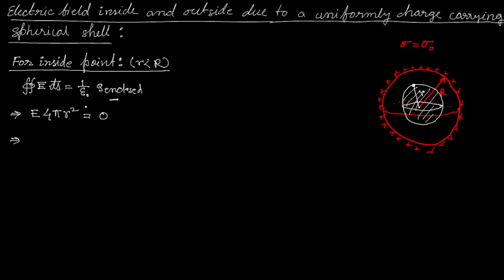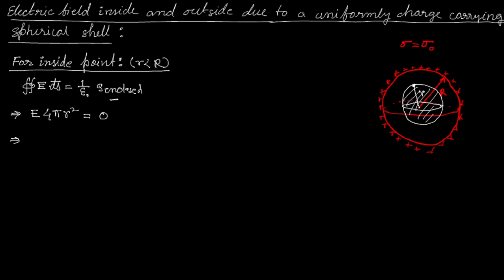Now the surface integral can be 0 because of two reasons. First of all, it may happen that at every point the electric field is perpendicular to the surface. At this point, the electric field will be perpendicular to the surface. Then E dot ds will also be 0.